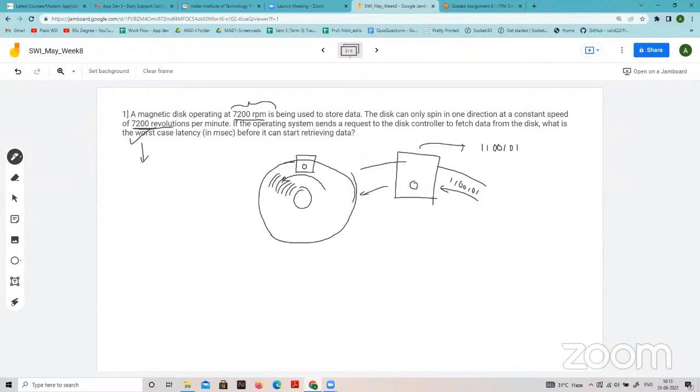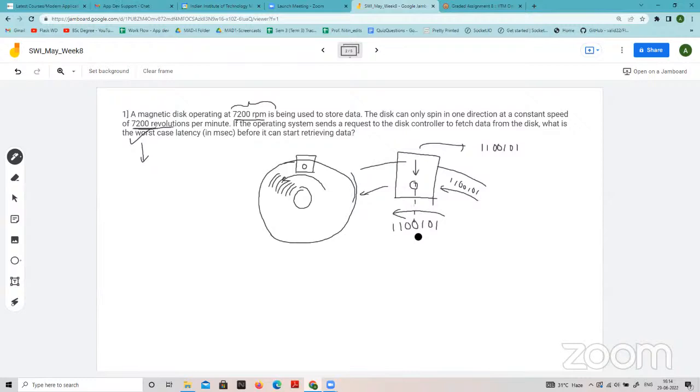What will happen if my data was here, and at this instant I started reading the data? What was the data? 1100101. If I draw dotted lines here, I can see that at the instant when my lens started reading the data, some of my data has already passed.